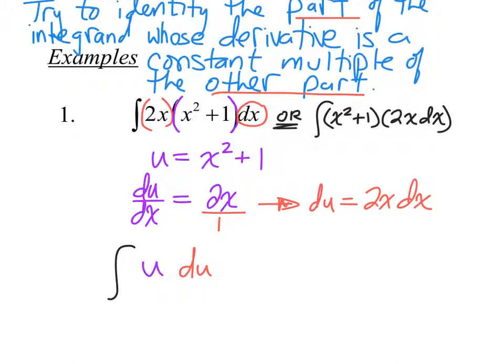All right, multiplication is commutative. You can swap the orders around if you want. If that's the case, then it becomes a lot more obvious that this part is my du and this part here is my u. But the big question with u substitution is always going to be, well, how did I know that that was the u?